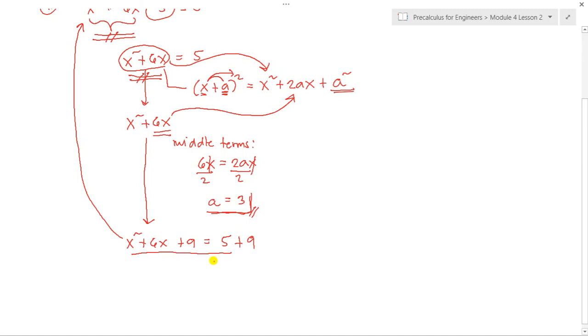So here we can simplify this 5 plus 9, and then since we already know that this expression is equivalent to x plus a squared, right? Kasi perfect square na ito eh. Kasi yung last term is a perfect number.